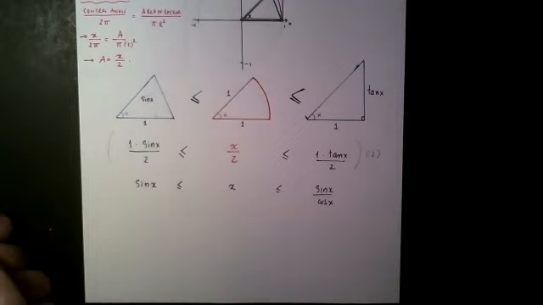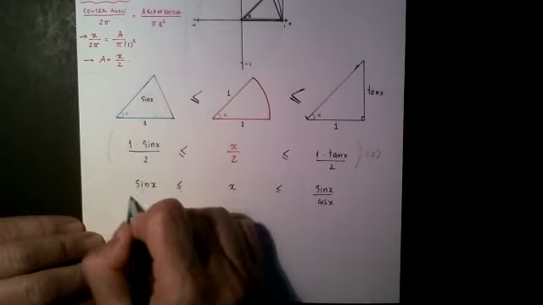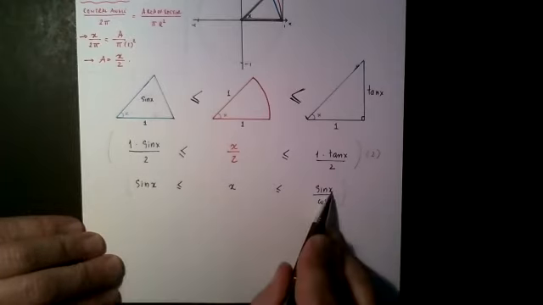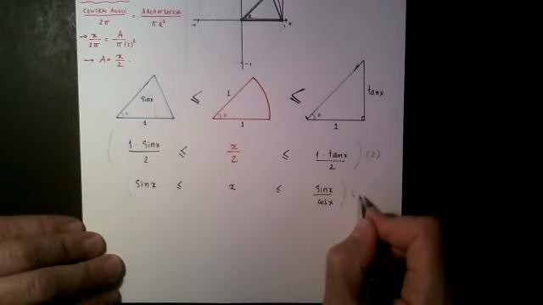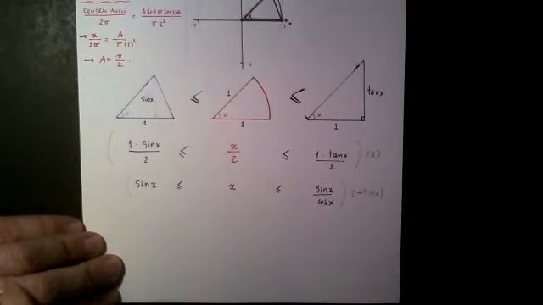Any questions? Okay, so what I'm going to do now, I see that I have a sine here, I have a sine here. I will divide everything by sine x.